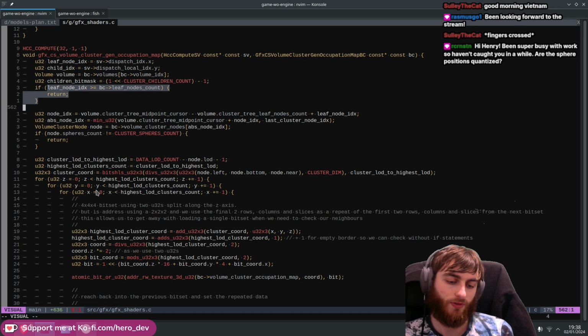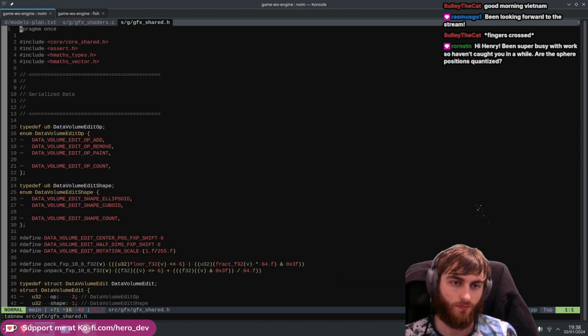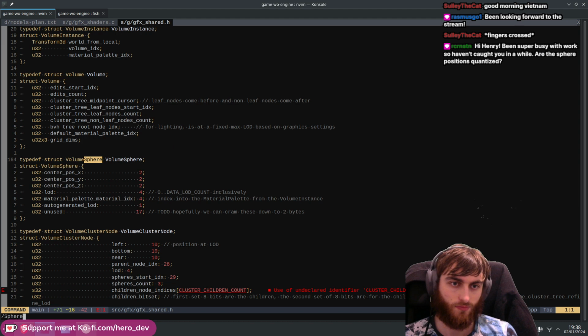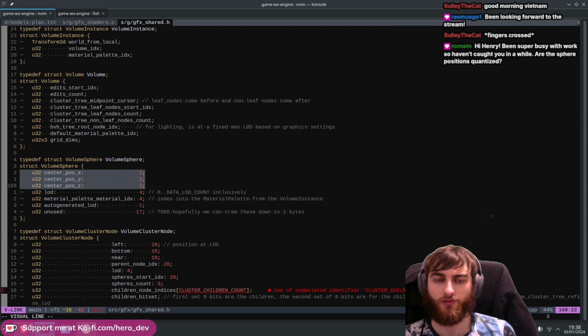Are the sphere positions quantized? Yes. So they're quantized into a cluster. So all you need is 2 bits to represent its position, because it's either 0 or 1 across the x, y, or z, because it's a 2 by 2 by 2.